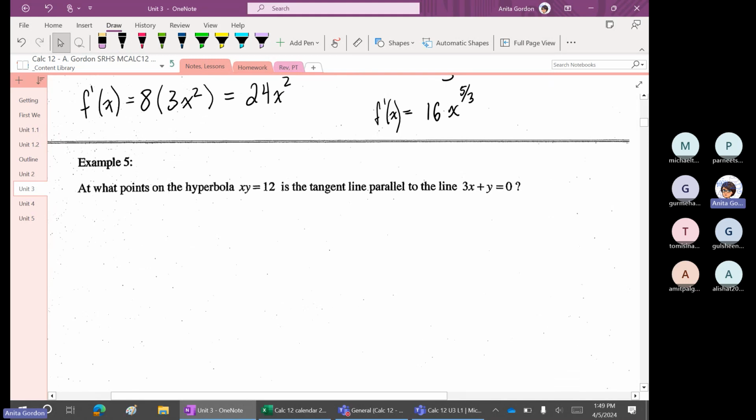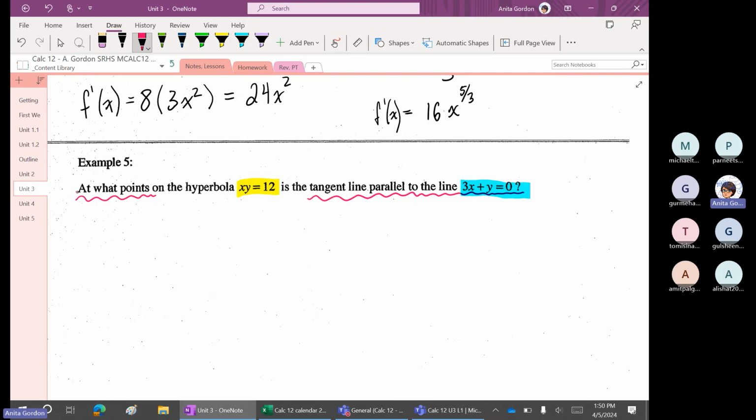In example 5, we have a bit of a word, not a word problem, but a bit more complex problem. We have a hyperbola with the equation xy equals 12, and we want to know at what points on this hyperbola is the tangent line parallel to this line here. Okay, couple of things going on.